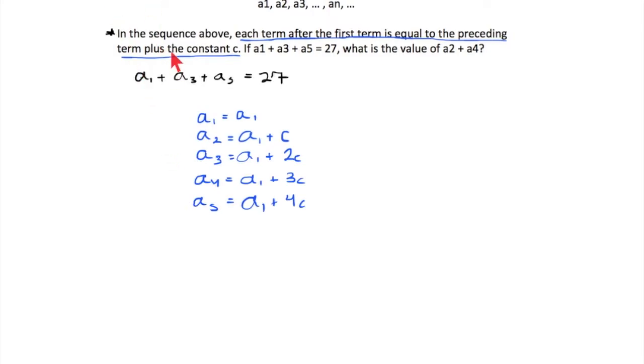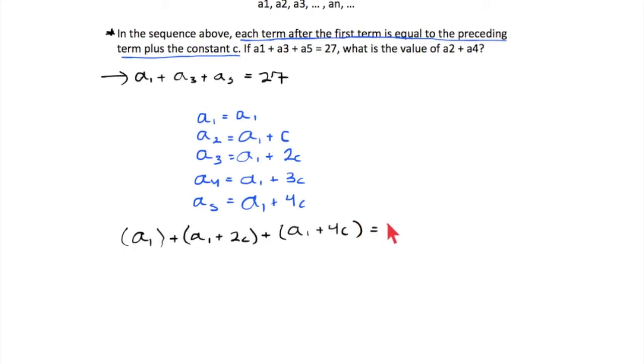With that in mind, it becomes possible to rewrite this more simply. We can't really replace a1 with anything. a1 is a1, but we do know that a3 is a1 plus 2 c's, and that a5 is a1 plus 4 c's.